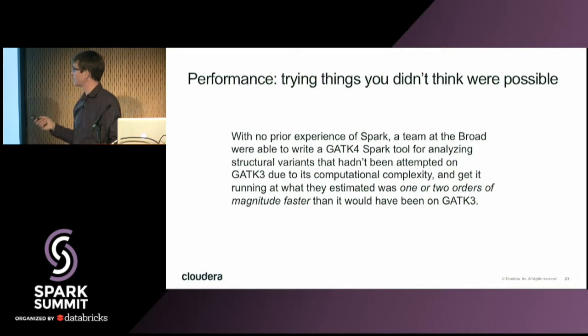So they did some work on structural variants, and when they implemented this in Spark, they said that it was running at what they estimated was 1 or 2 orders of magnitude faster than if they'd done it using the older serial version. So that's a really nice effect when that happens, that you can make new things possible.